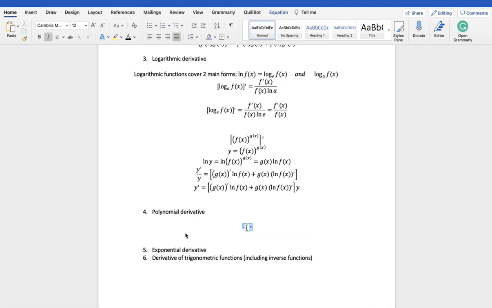if you're looking for the derivative of some function, any function f of x raised to the exponent n, and obviously n can be any value, but more specifically, values greater than 0, right?